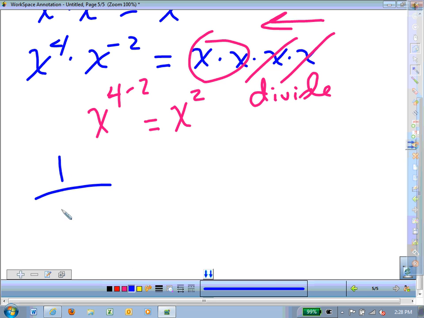Like 1 over w to the fourth would be the same thing as, instead of dividing by 4 w's, make it a negative exponent, which means the same thing, to count backwards. So it gives you this basic relationship between an exponent and the same thing with a negative of the same exponent.